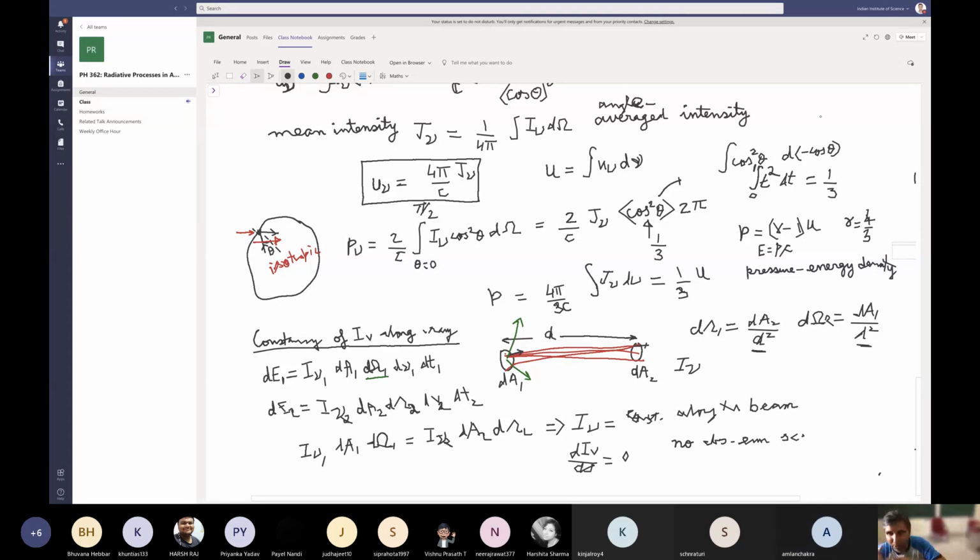It's isotropic and everything; the main difference is that E equals Pc, not P square by 2m as for non-relativistic particles. When we take the moments of the distribution function, this extra square versus single power gives you 4/3 for E equals Pc, and 5/3 for E equals P square by 2m.